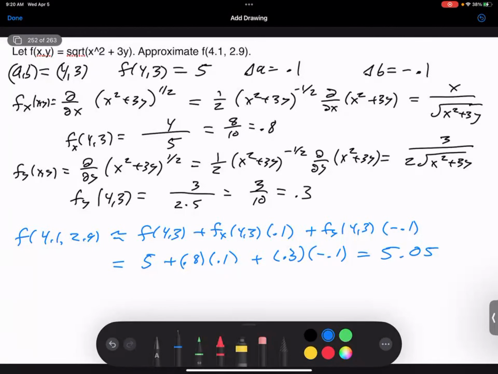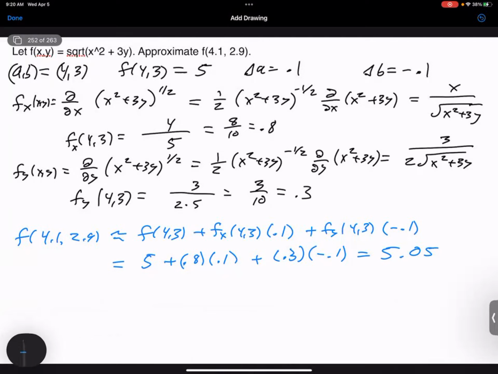Okay. How far is 4.1, 2.9 from 4, 3? Anybody want to tell me how far I've traveled? Why 0.05?